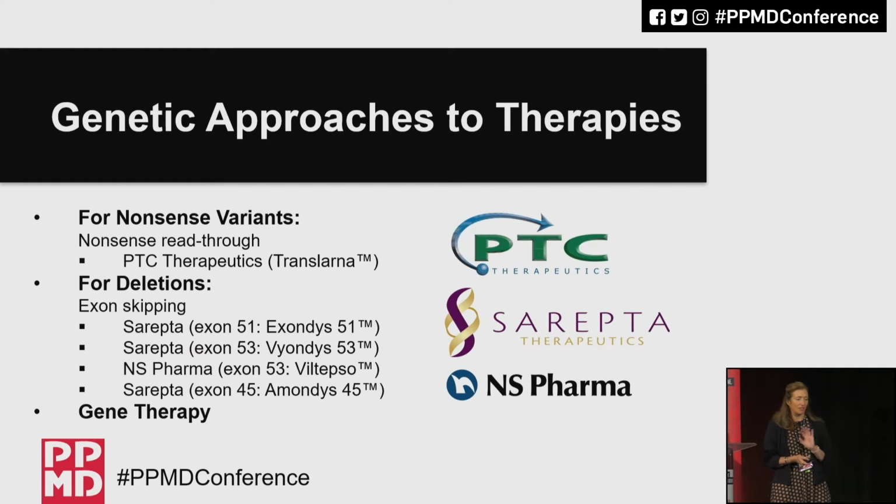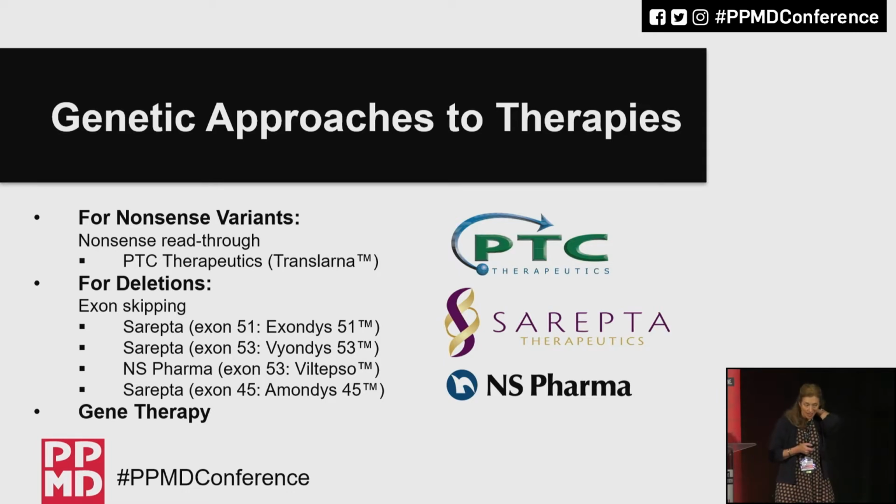And again, I'm just going to fly through this because you're going to hear from all of these companies at conference, but these are the companies that really focus on genetic therapies. PTC Therapeutics has nonsense mutation read-through, so that would only apply to boys with a nonsense mutation. The exon skipping therapies that Sarepta and NS Pharma have developed only apply to boys with certain deletions.